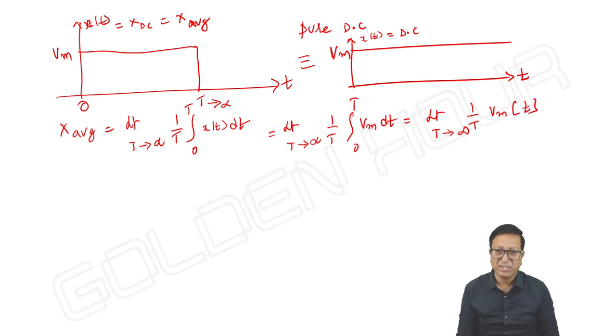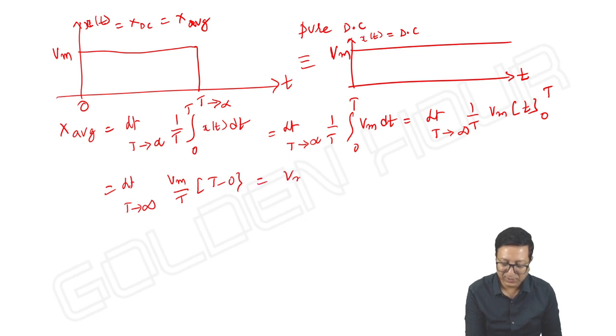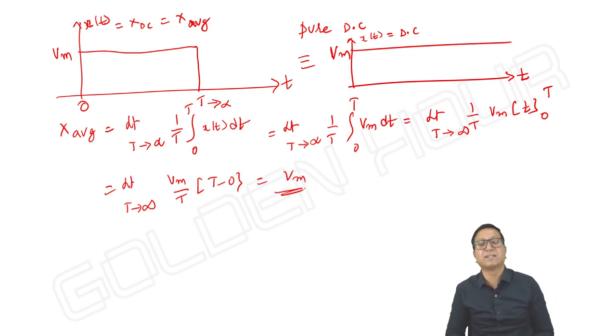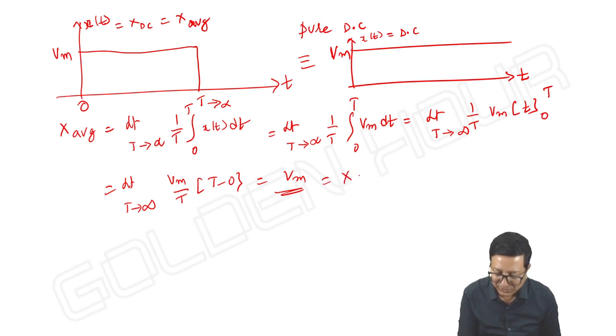It's a constant term. Integral 1 dt is t over the limits 0 to t. So limit t tends to infinity, Vm by t into t minus 0. It is of course equal to that signal itself. Means average value is equal to DC only, x of t.